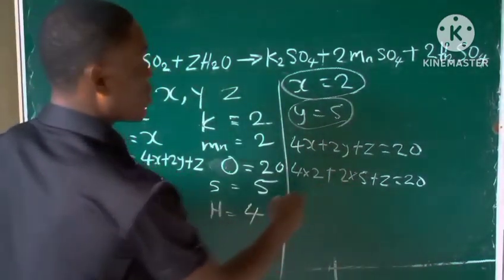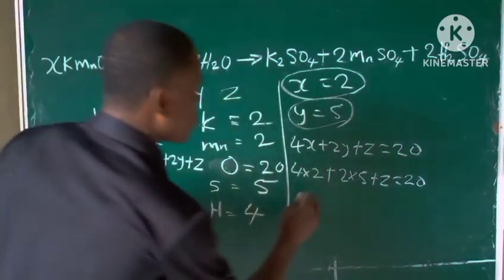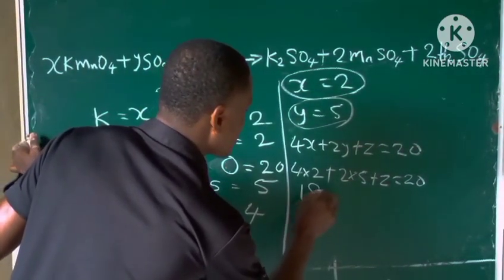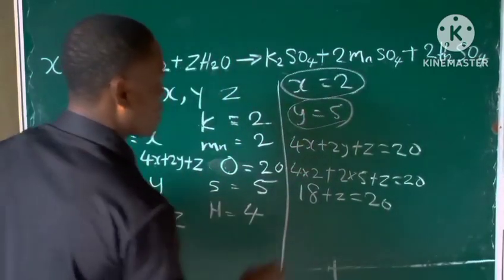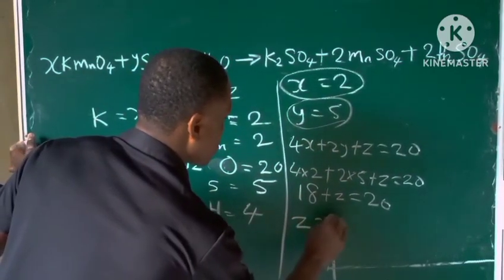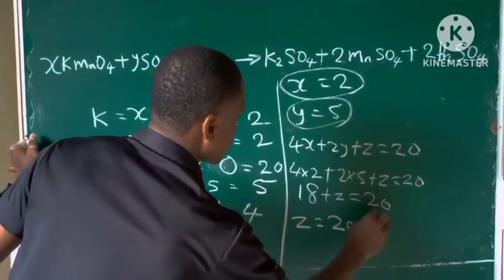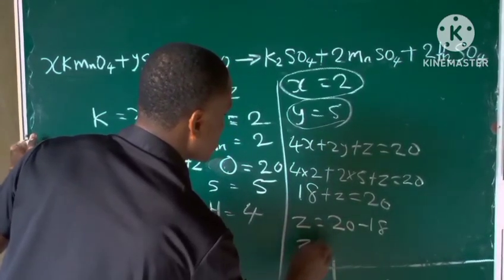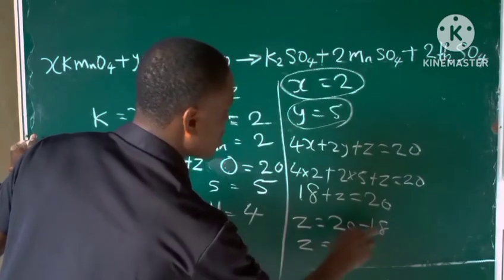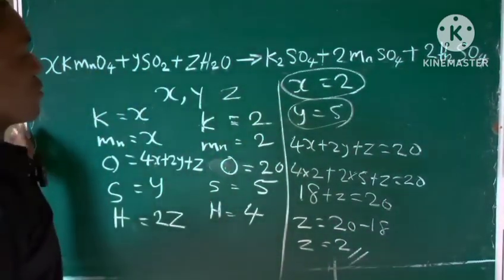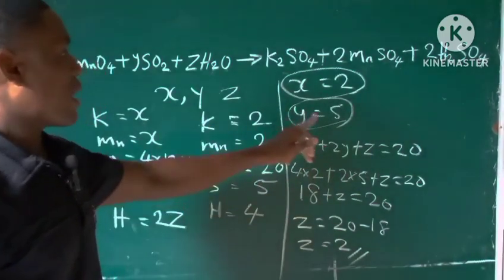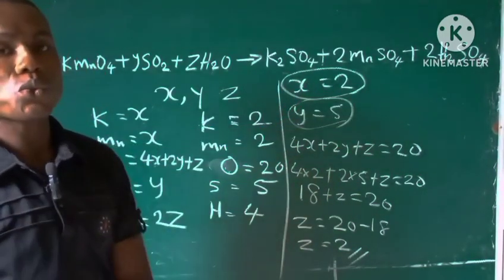So 10 plus 8 is 18, so we have 18 plus z equal to 20. Collecting terms, z equals 20 minus 18, which is 2. So the value of z is 2, y is 5, and x is 2.